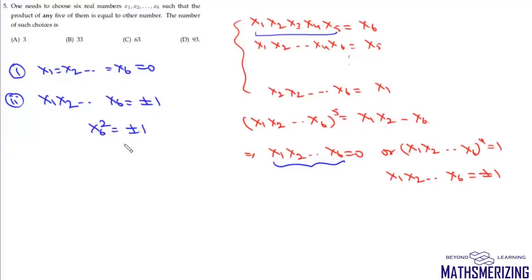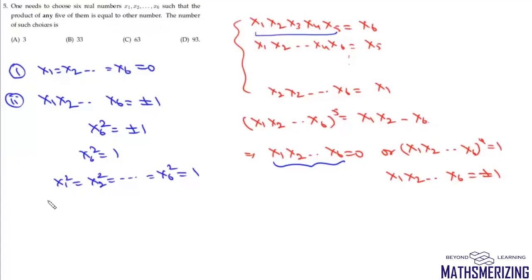So the only possible option here is that x6 square will be plus 1, and if we do it for all the numbers, we get this condition: x1 square is equal to x2 square is equal to x6 square, and it is equal to 1. So that means the value of all these variables must be either plus 1 or minus 1. Now we need to find in how many ways we can choose these 6 real numbers so that the product of any 5 is equal to the other number.